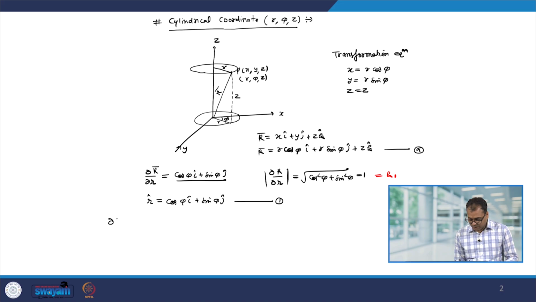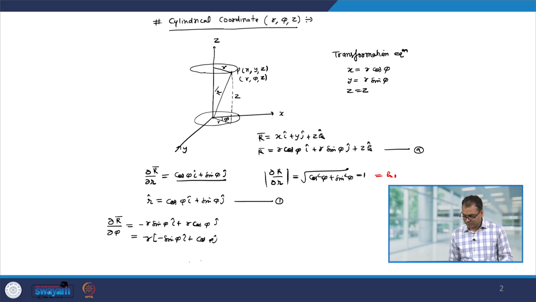Now, let us calculate del r over del phi. So, from equation number A, you can see that del r over del phi is minus r sin phi i plus r cos phi j, which can be written as, so I can take r as a common factor. This is r times minus sin phi i plus cos phi j. Now, let us see what is the magnitude of del r over del phi.